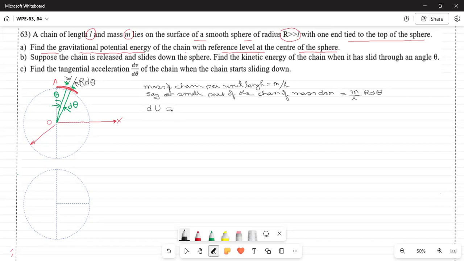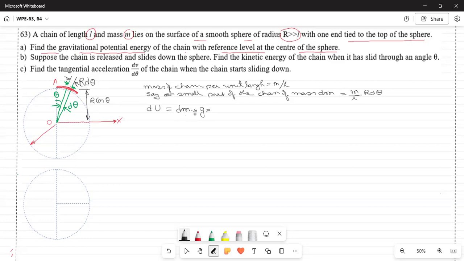The potential energy of this small part is equal to its mass dm multiplied by g multiplied by its height, which is r cos theta.